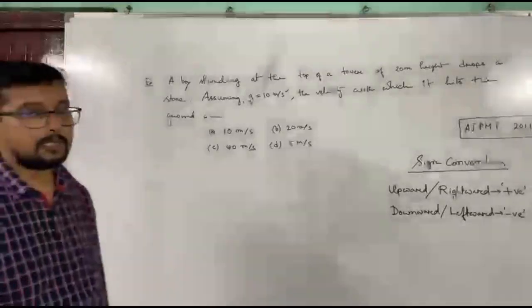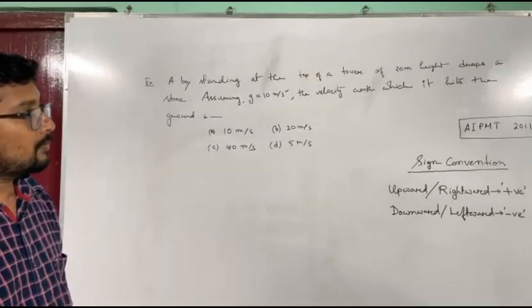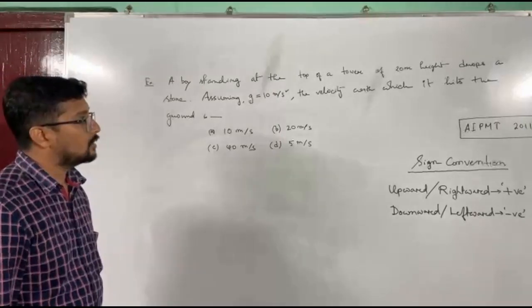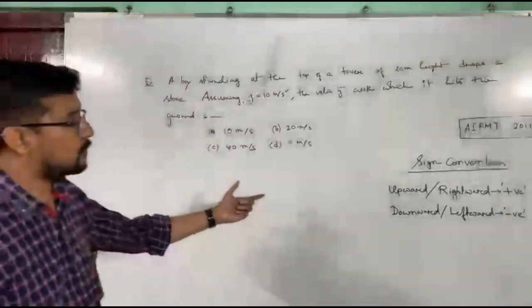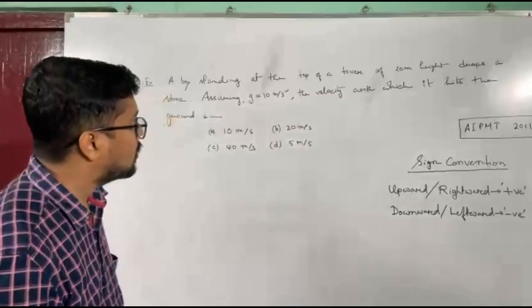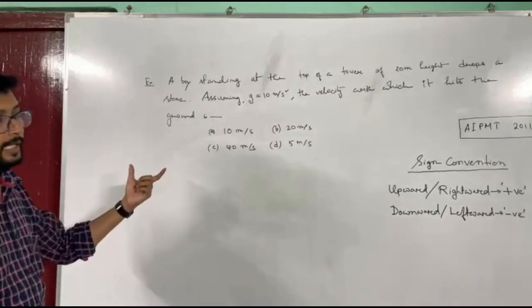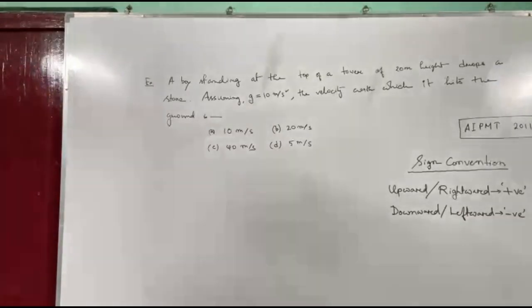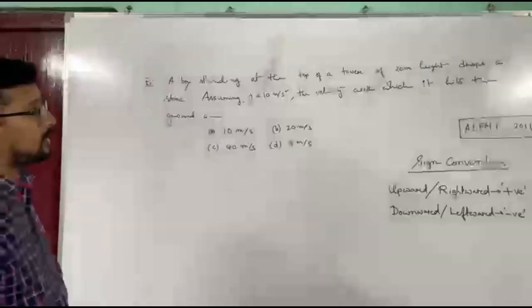Okay, so let us now discuss a few problems from the topic objects falling freely from a height. This question is from AIPMT 2011. Let us solve this problem based on the understanding that we have got from the topic. Let us first read the question.